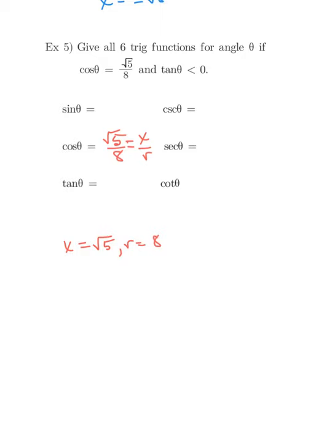Let's go back up here to our given information. We know that cosine is positive radical 5 over 8. Where is cosine positive? That's what we have to ask ourselves. Cosine is positive in quadrant 1 and quadrant 4.